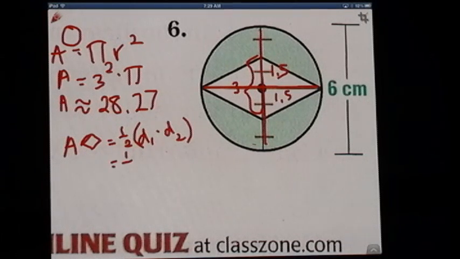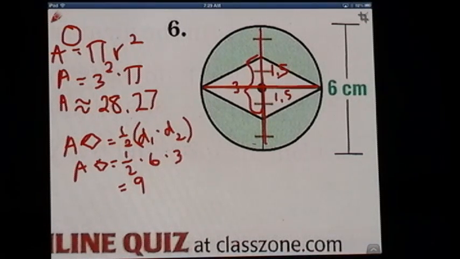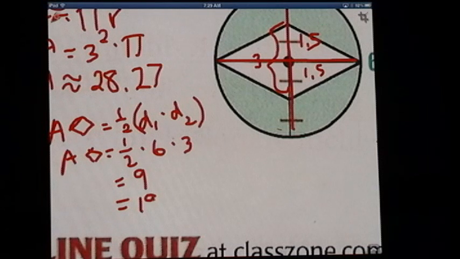So we're going to say 1/2 of 6 times 3. Well, 6 times 3 is 18, and half of that would be 9. Okay, now we're going to have to subtract that part out because it's not the shaded part. So we say 28.274 minus 9 is equal to approximately 19.27.